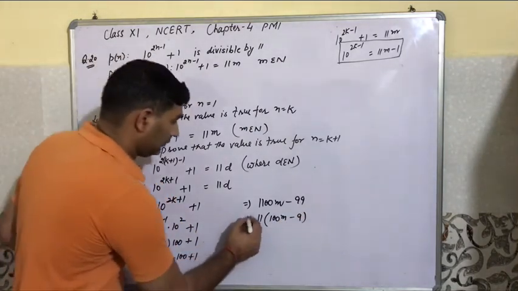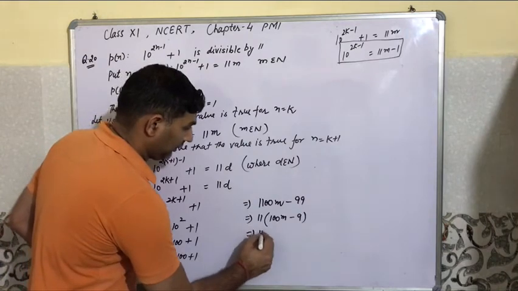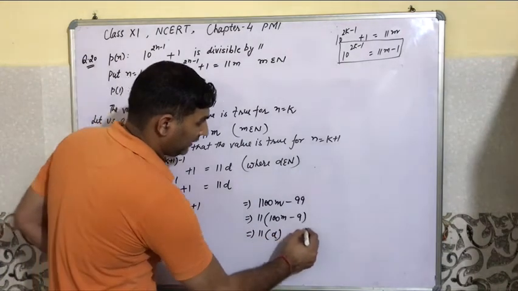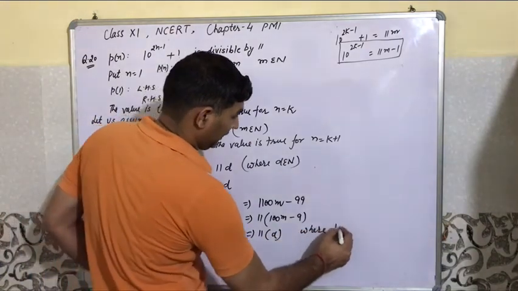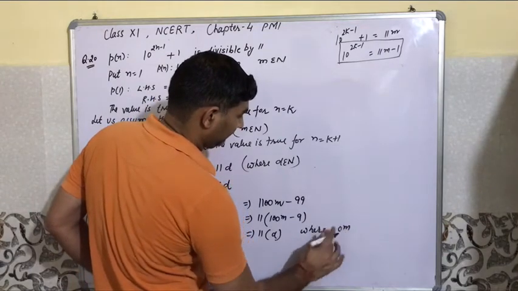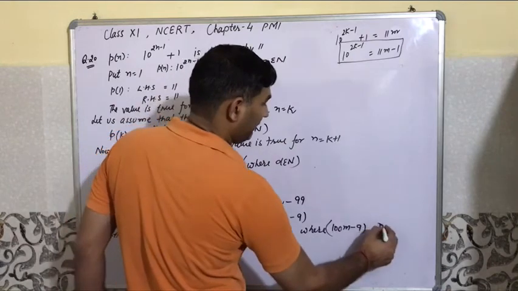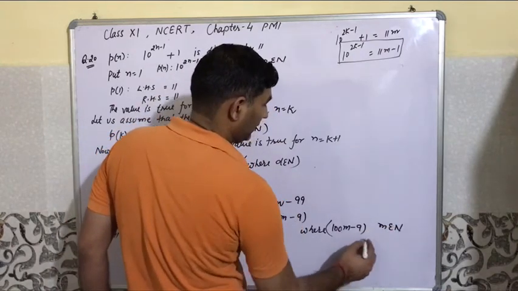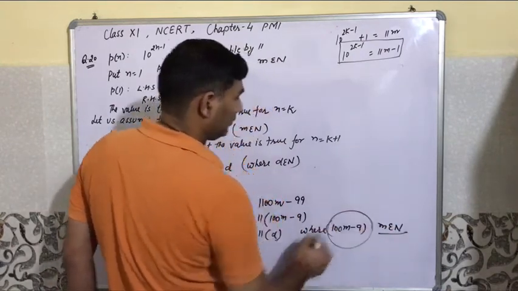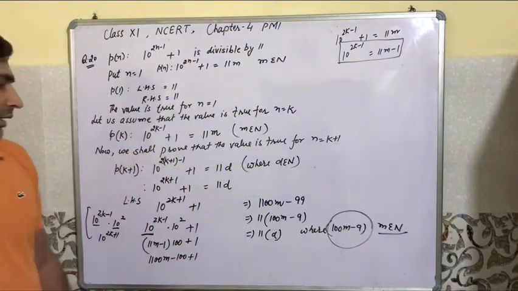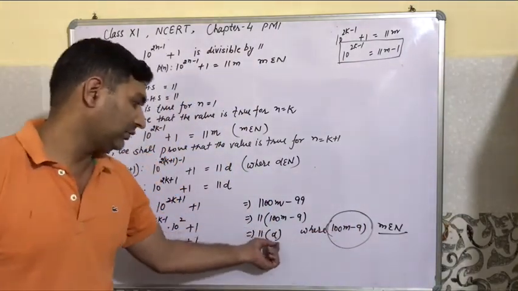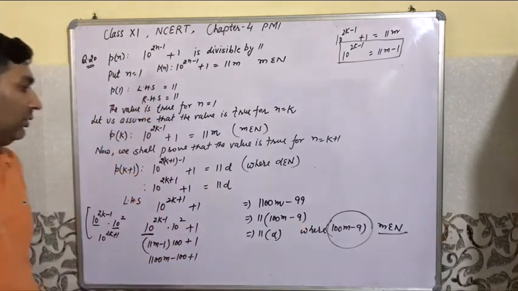This value is 11 into d, where d is equal to 100m minus 9, because m belongs to N. Then this complete number is a natural number, and d is also a natural number.